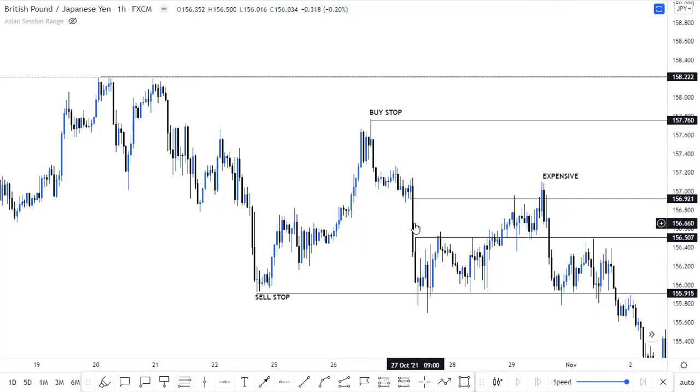So the gap in between is in imbalance, and we need price to rebalance that particular price. We'll get there, with time we'll get there. We need price to rebalance the gap that is created with this candle.